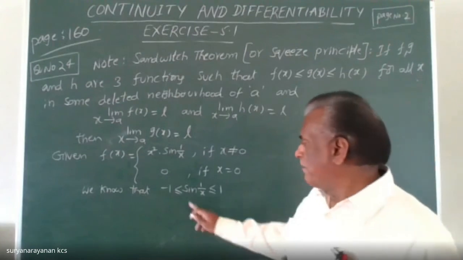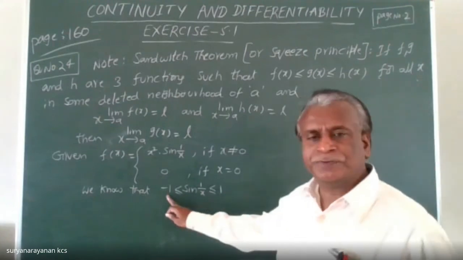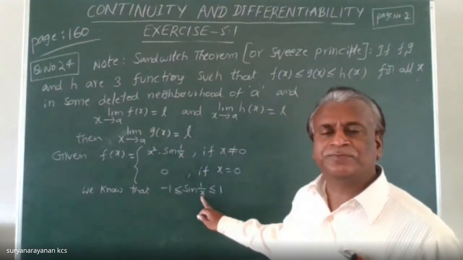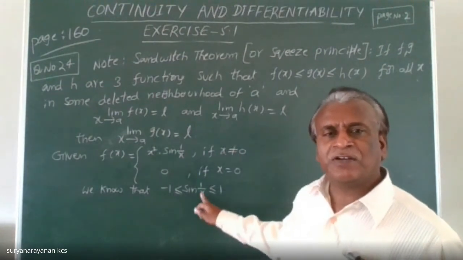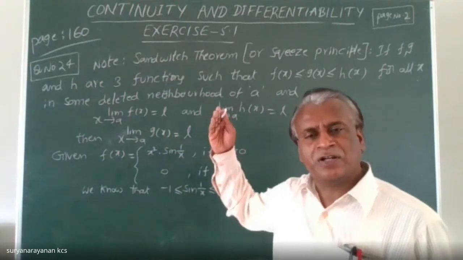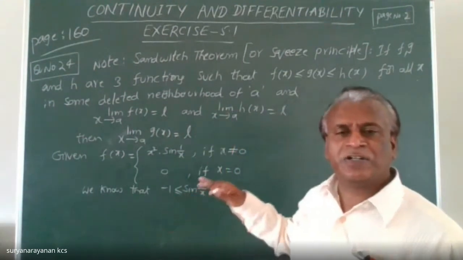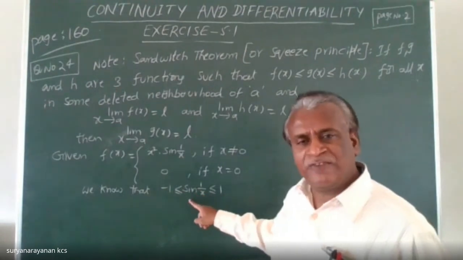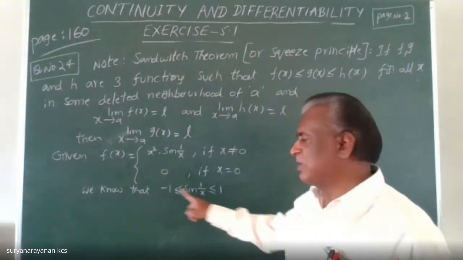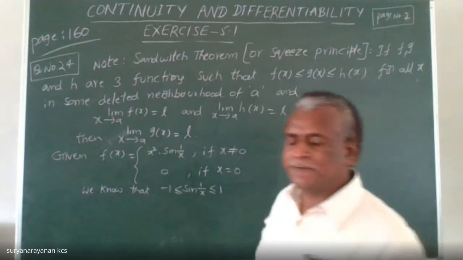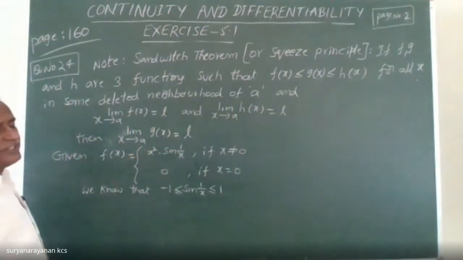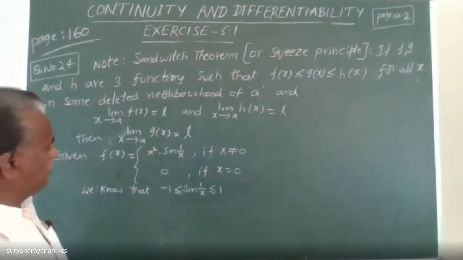Closed interval -1, 1. Whatever angle you take, whatever the bigger angle, whatever the negative angle, the sine function always lies between -1 and 1. This is a very important step to discuss the continuity of this function.